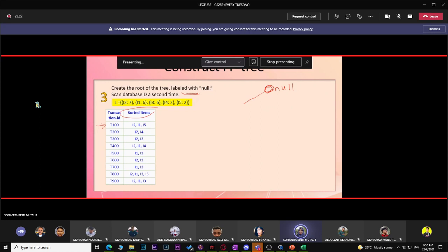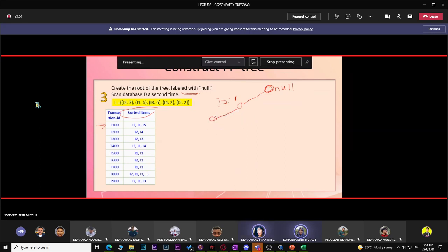Okay, so now we have a node of I2. And also there will be another piece of information attached to the node, which is the count of the item. Okay, so we are visiting transaction 1, so the count for I2 equals 1. Betul tak? Okay, and then what will be the next node?